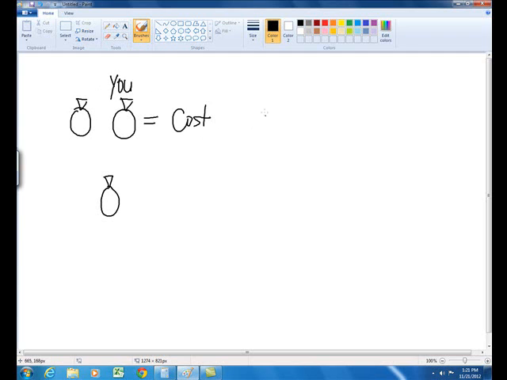So let's just say that each ring cost you $100. And then when you sell the ring to a customer that comes in, that is called the selling price. Okay? And that price would be higher.